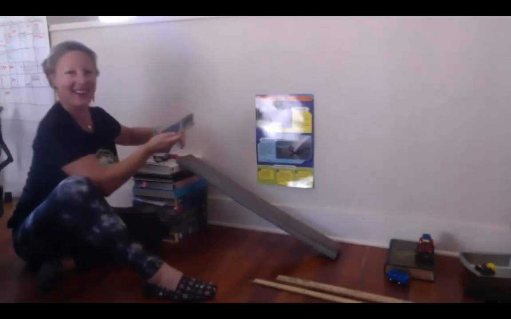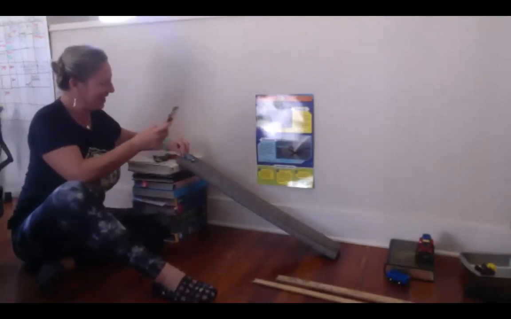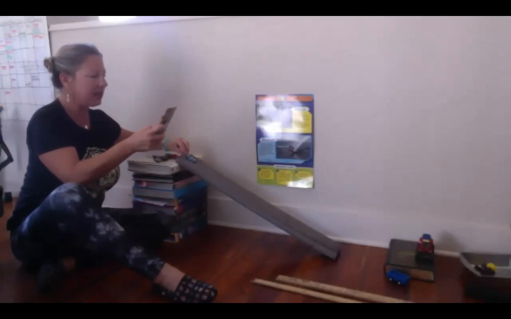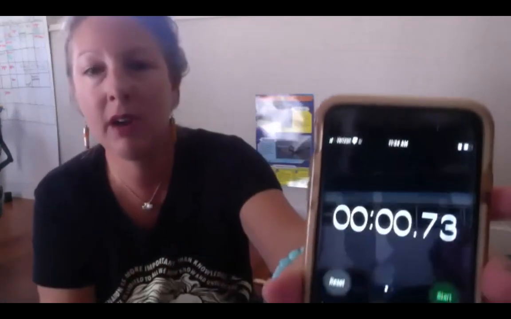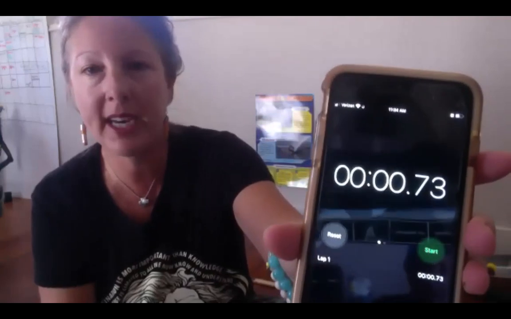Here's our car. And ready, set, go. 0.73 seconds.